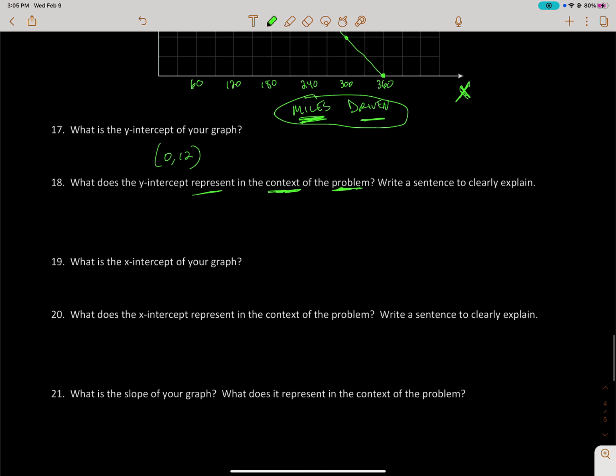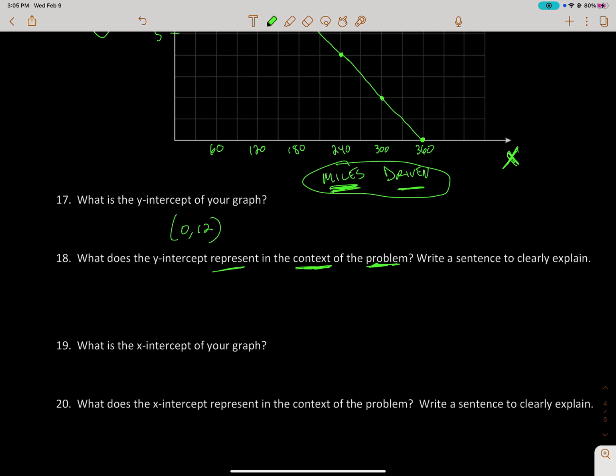So what this could mean is this y-intercept means that after you have driven 0 miles, because remember this means miles driven, the x-axis, right?